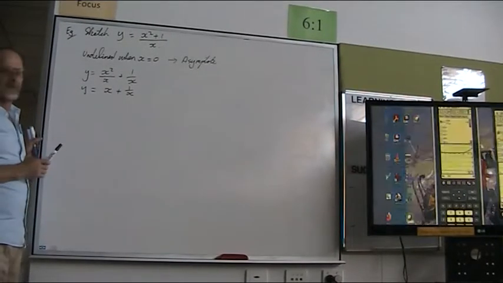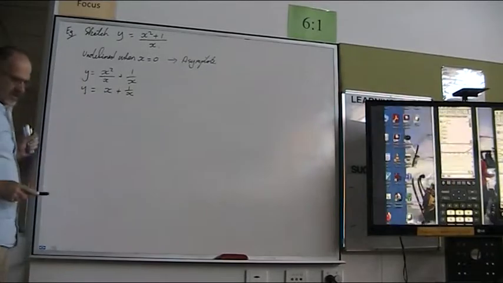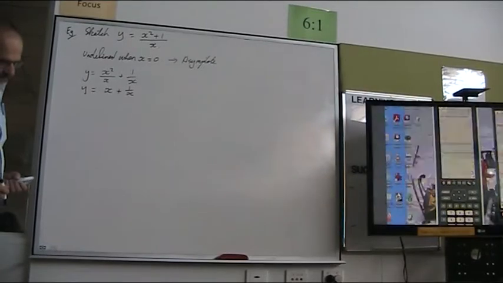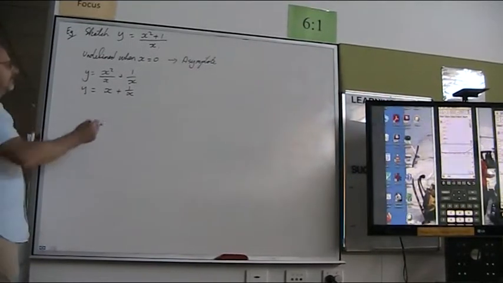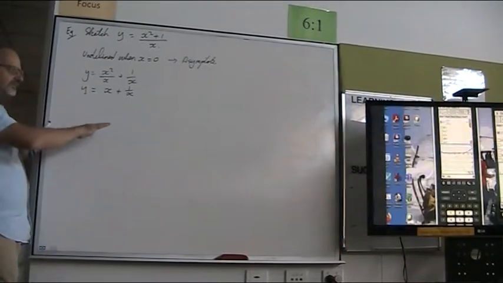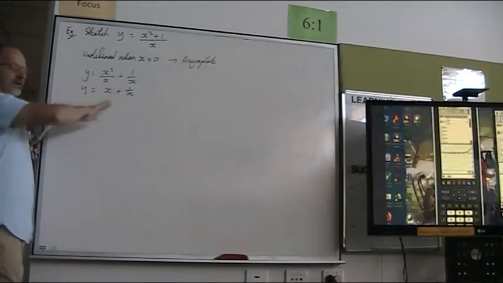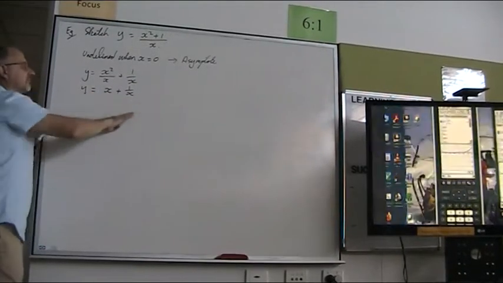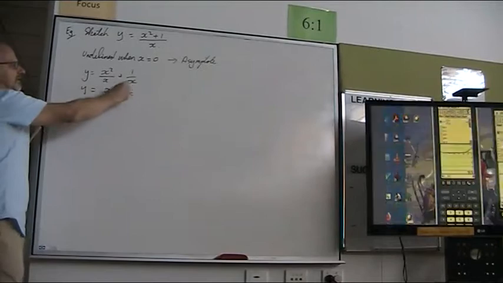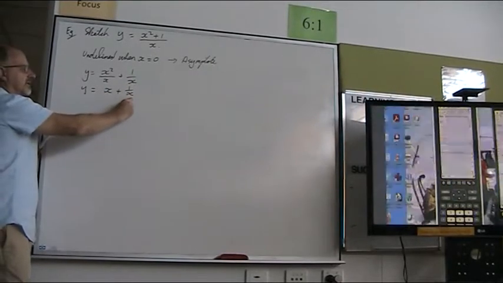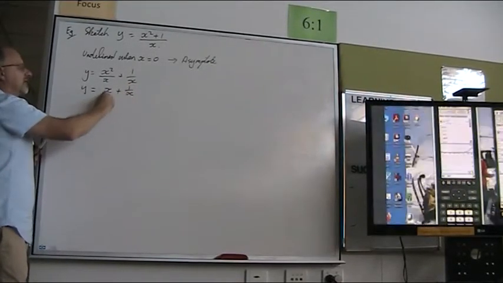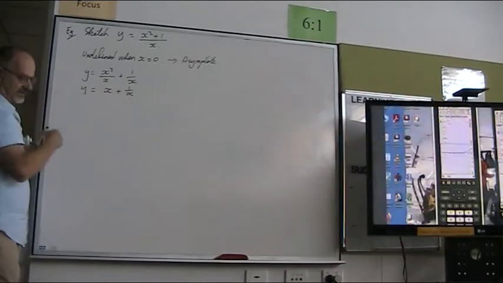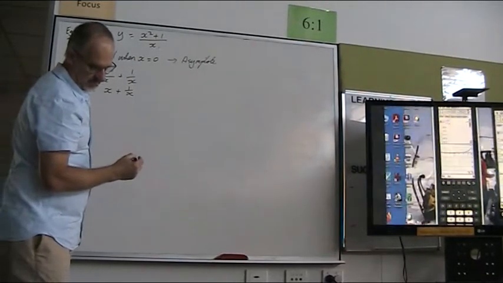We separate those out. So that's where we get our asymptote that's at an angle. Because as x gets bigger, this bit gets smaller, and we just go towards y equals x. And the same if we go in the negative direction.